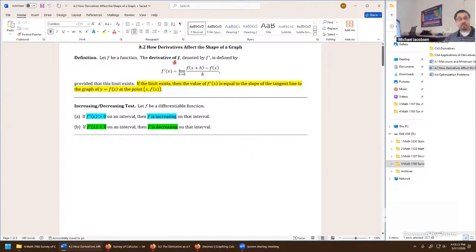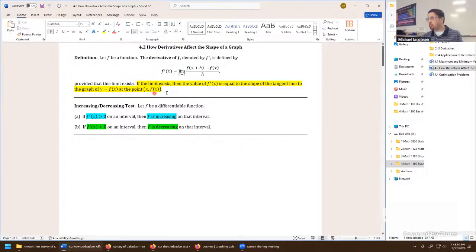The derivative of a function f, again, is defined through a pretty interesting limit. This limit right here expresses the value of the slope of the tangent line to the graph y equals f of x, at any point whatsoever, x, f of x.